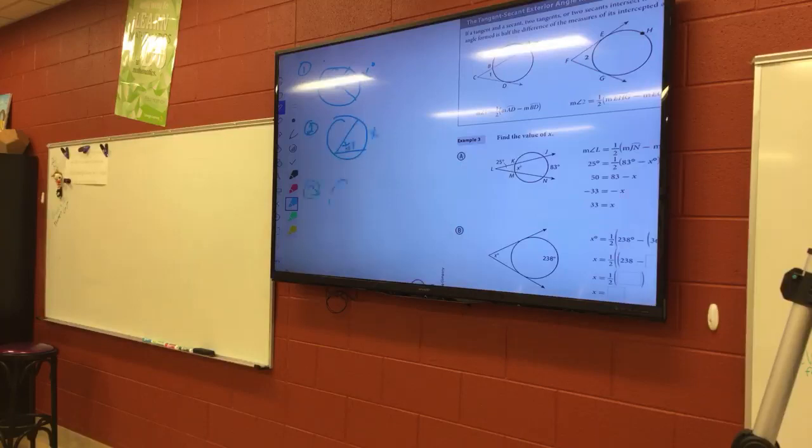It can be somewhere inside the circle, and it's 1/2 of the arcs added together. And this last one, what you see at the top here, is if it's outside the circle. If it's outside the circle, it's 1/2, and you subtract these arcs.